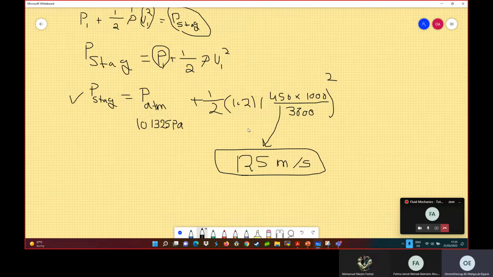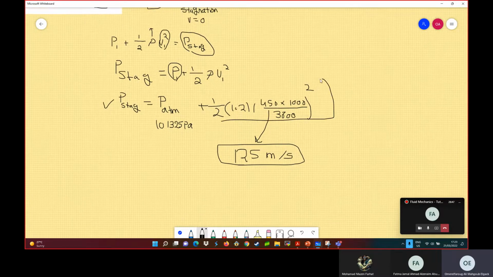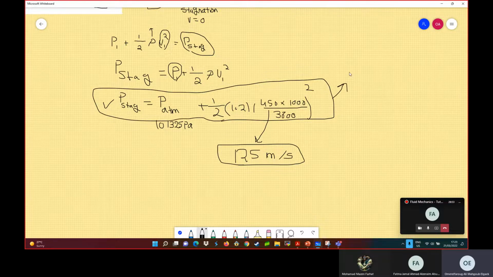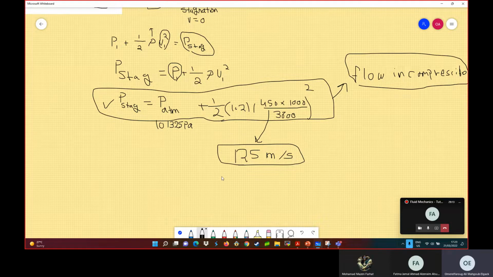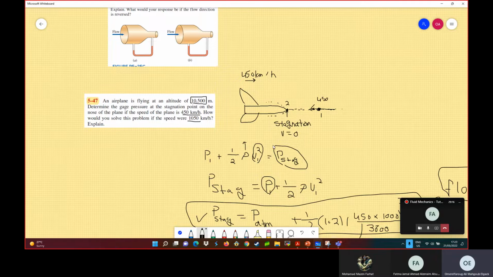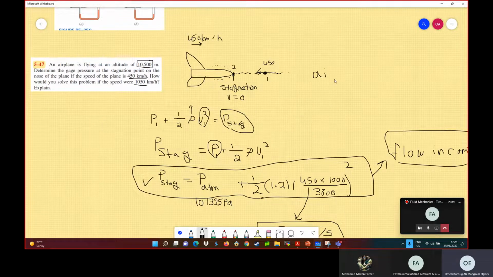We applied the Bernoulli equation, and when we apply it, we said that the flow is steady, the flow is inviscid, we apply it along a streamline, and the flow is incompressible. You remember the conditions. But here the fluid is air, and air is generally compressible.